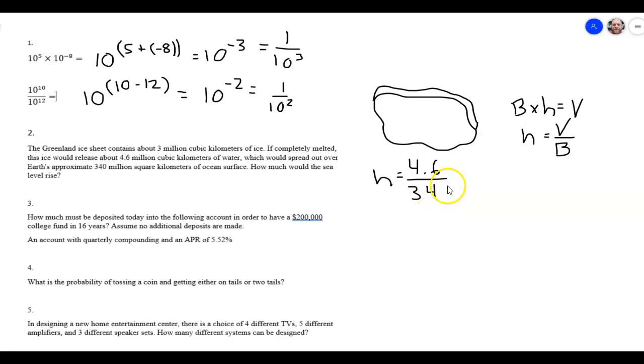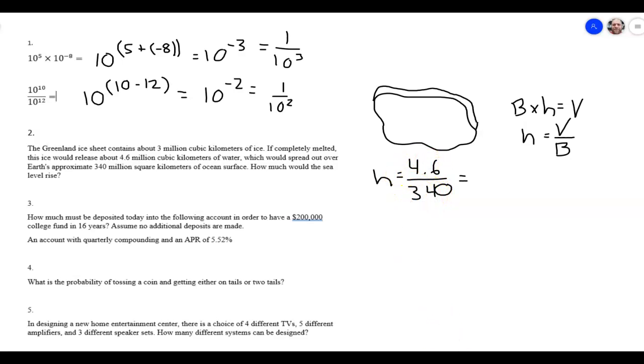Now, since they're both in millions, I don't have to write them all out. I could just use these numbers. If one of them was in millions and the other was in thousands, then you would have to convert to the same, or just use the entire numbers. But in this case, they're both in millions, so I'm just going to use the first parts of those numbers.